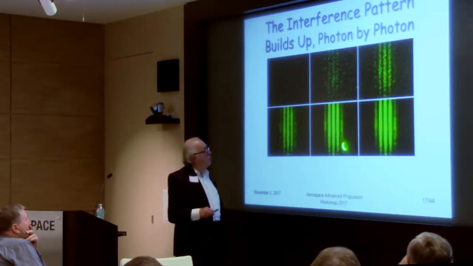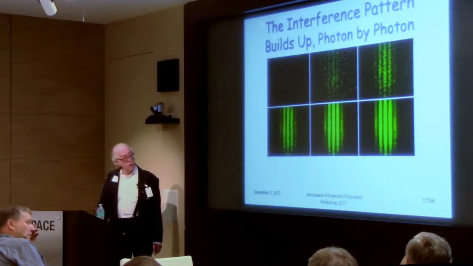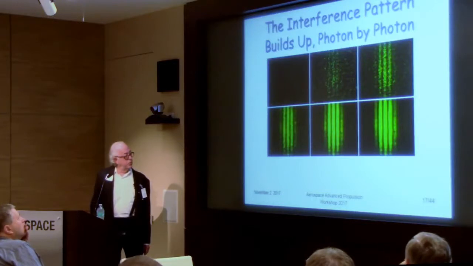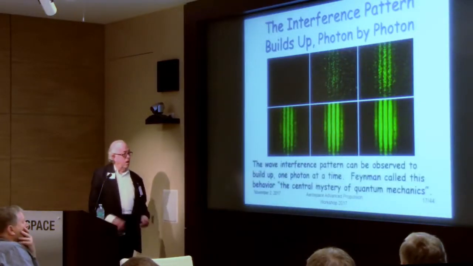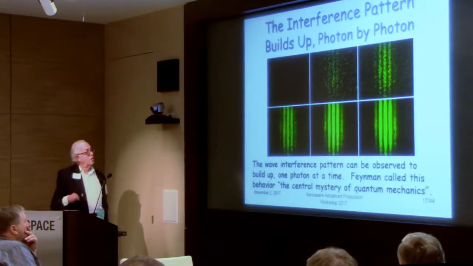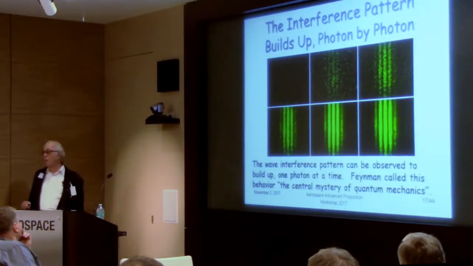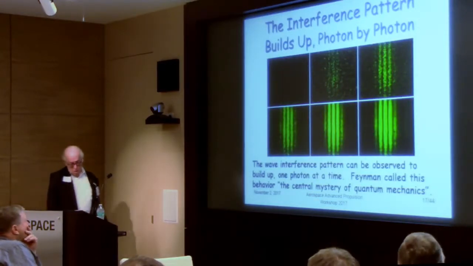And as you do more and more, the interference pattern becomes clearer and clearer. Richard Feynman described this situation as the central mystery of quantum mechanics, the fact that you can have this wave-like phenomenon building up one photon at a time from individual particles.